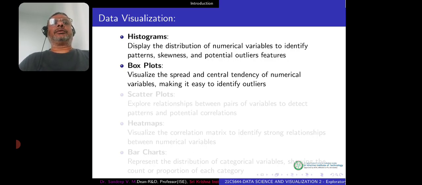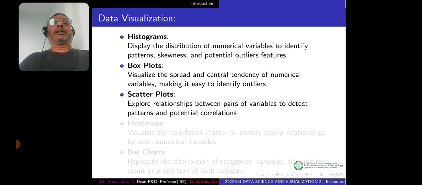It is used to visualize the spread and central tendency of the numerical variables, making it easier to identify the outliers. Then we have the scatter plot, that's used for comparing two variables. A relationship between a pair of variables can be explored and used to detect any patterns and try to find if there is any correlation between the pair of variables.